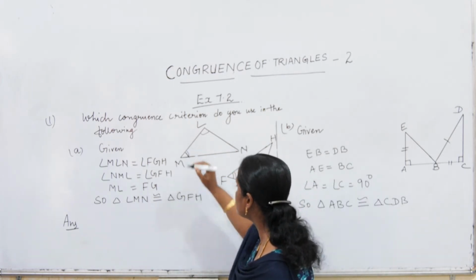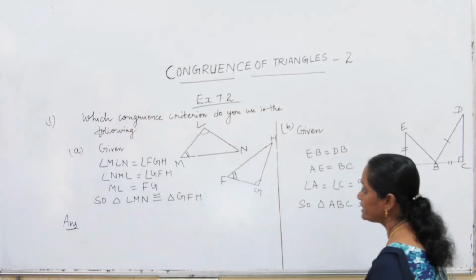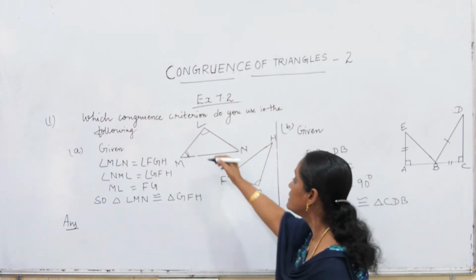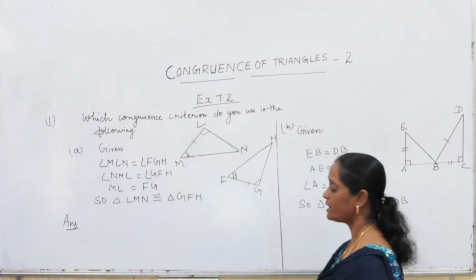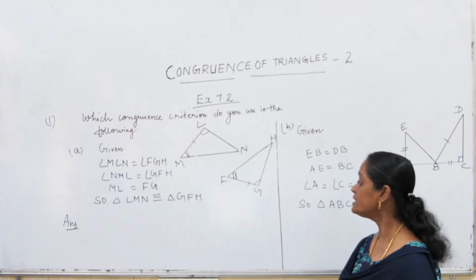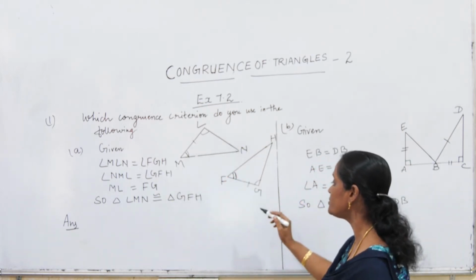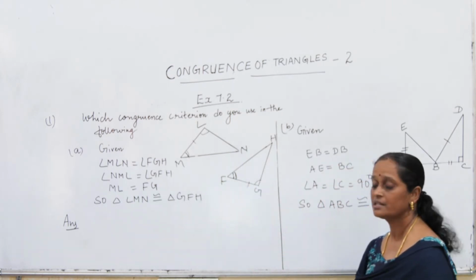Next ML is equal to FG. This side ML is equal to FG. So triangle LMN is congruent to triangle GFH by which congruence criterion.